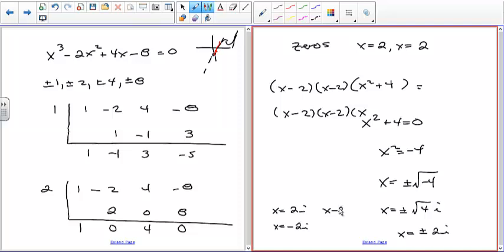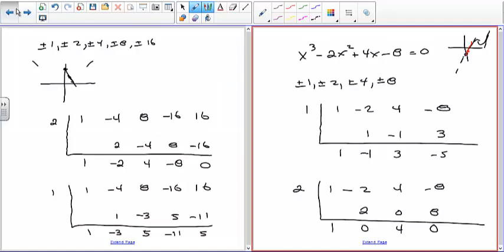The corresponding factors would be x minus 2i equals 0 and x plus 2i equals 0. So that's what we'd have here, x minus 2i and x plus 2i. And that is the answer.